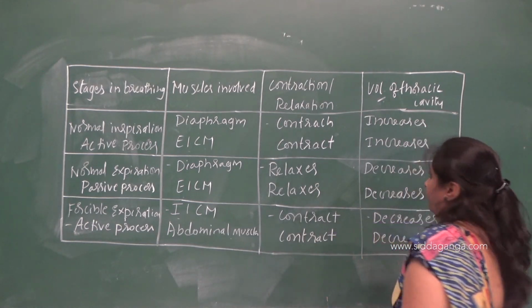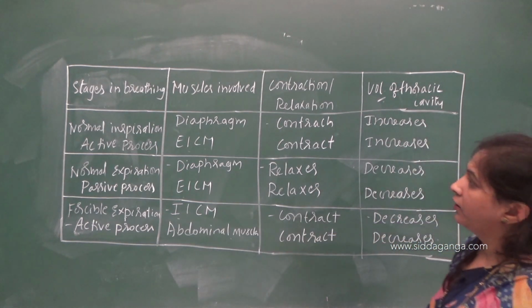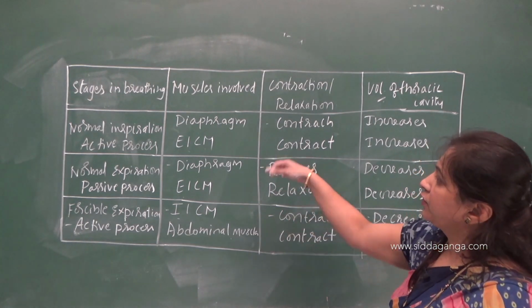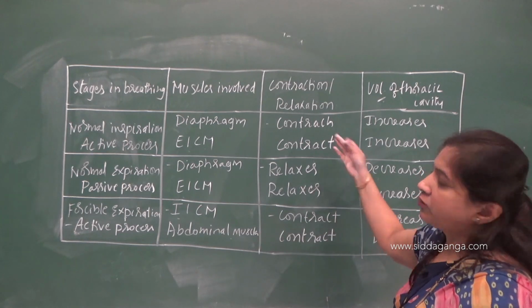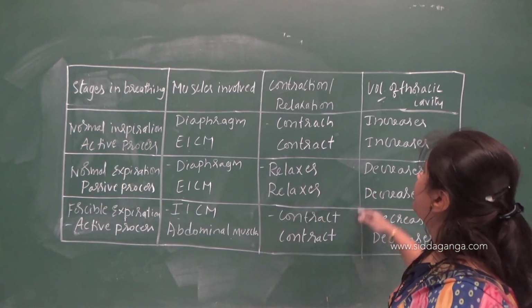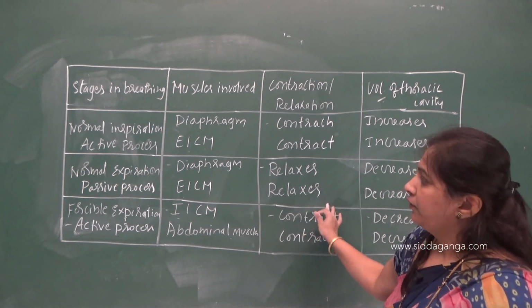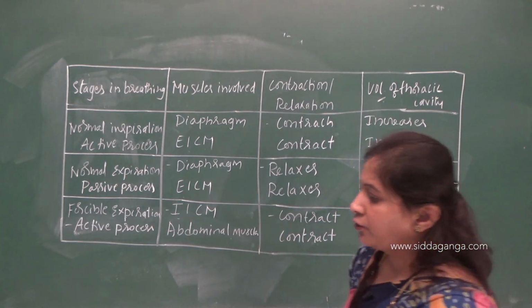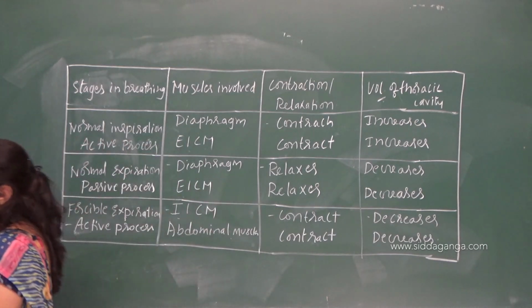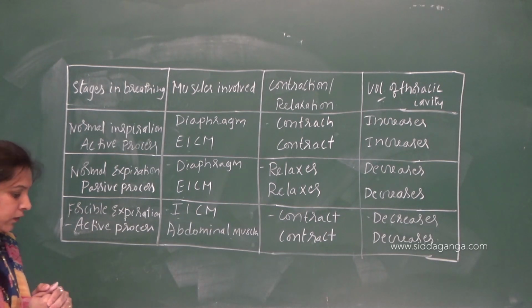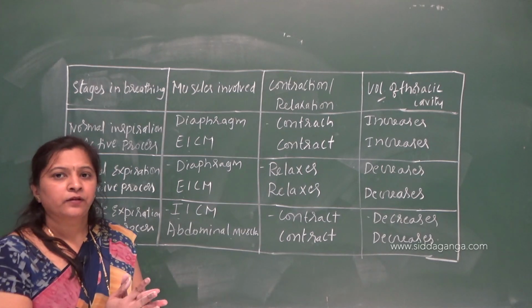So this is the table showing the different stages in breathing and the muscles involved, whether it is because of contraction or relaxation, and whether the volume of the thoracic cavity increases or decreases. Go through this table so that you can easily remember the mechanism of breathing and the muscles involved. Understood clearly? Thank you.